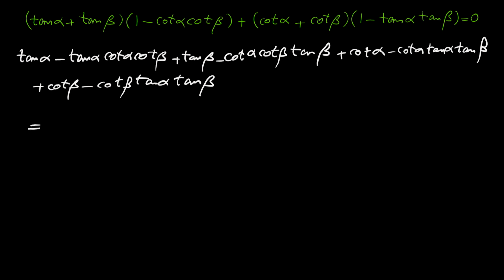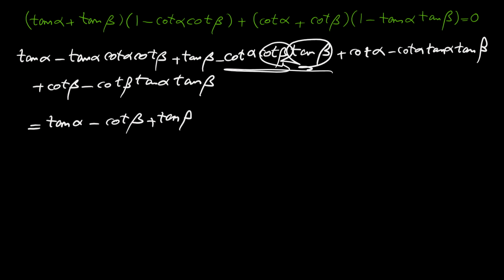Now let's see what we have here. We have tangent alpha minus cotangent beta. Hmm, when we multiply tangent alpha by cotangent alpha, it's 1 because they are reciprocal of each other, and we have only cotangent beta. Then we have tangent beta. The product of tangent beta and cotangent beta is 1 because these are reciprocal of each other.